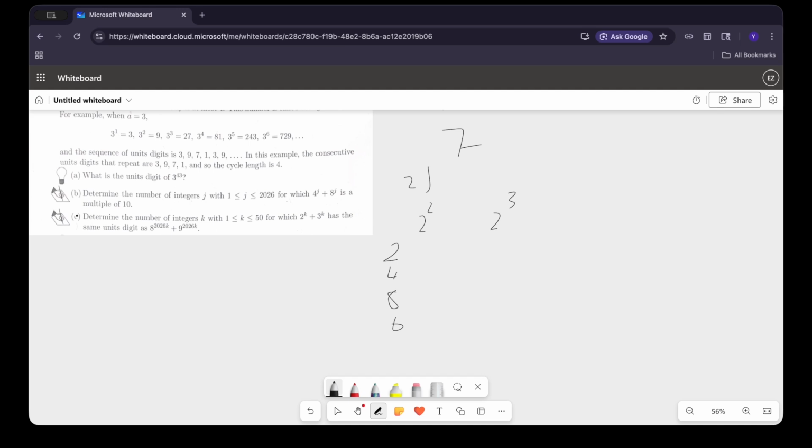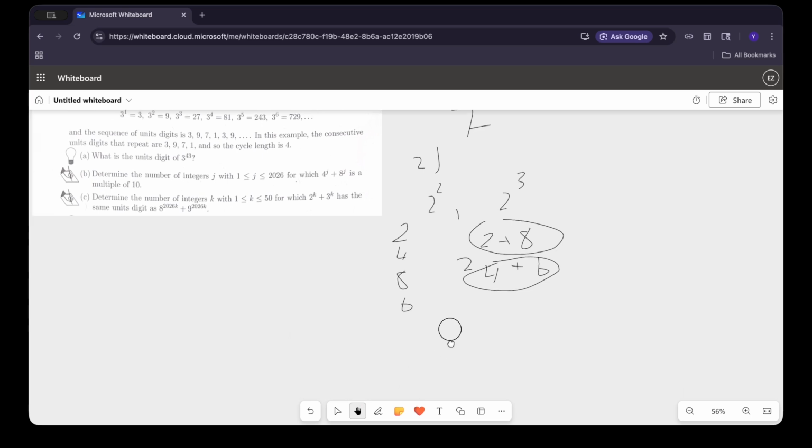And since we're looking for a multiple of 10, we know the ending part has to be 2 plus 8 or 4 plus 6. So there are only 2 cases. We name this case 1, this case 2.